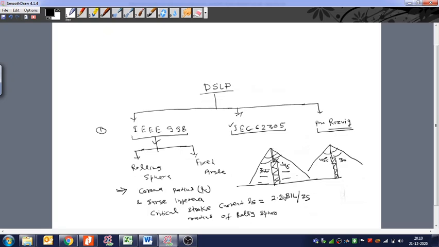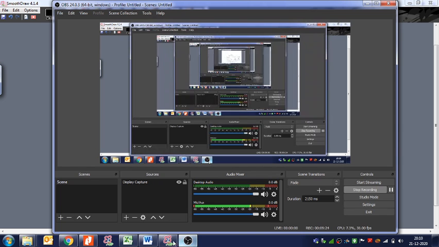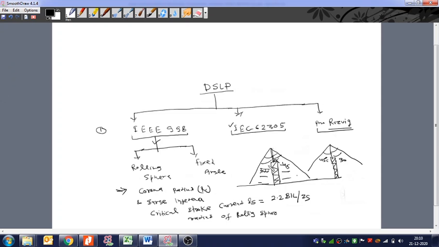So these 4 steps we follow: corona radius RC, surge impedance during the corona, lightning current, critical striking current, and the striking distance or the radius of the rolling sphere, and how it provides the protection.